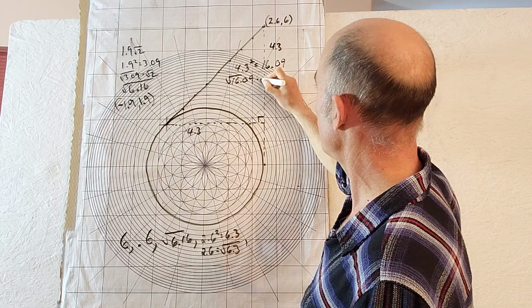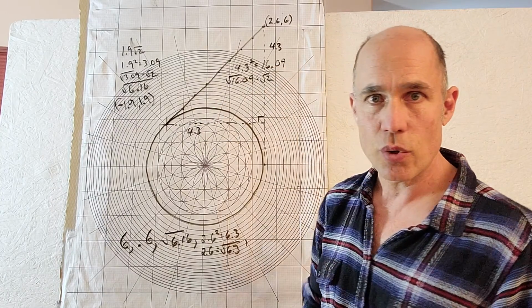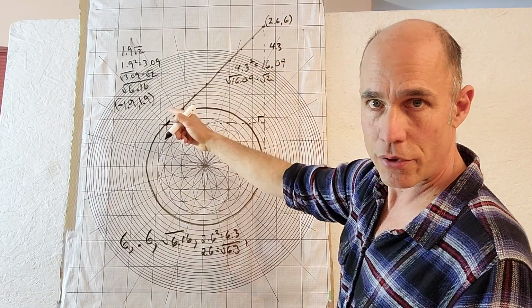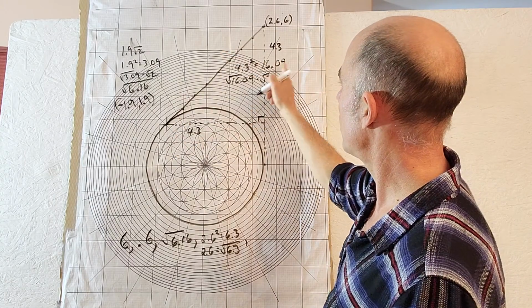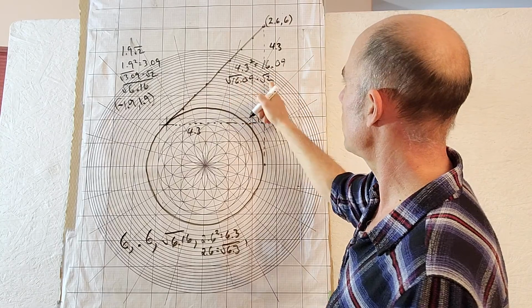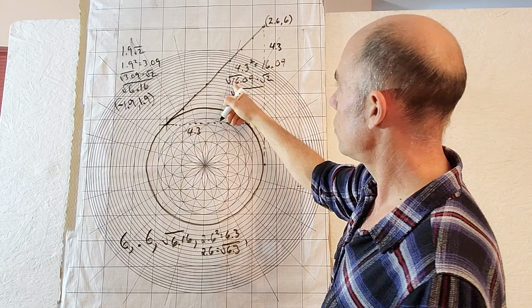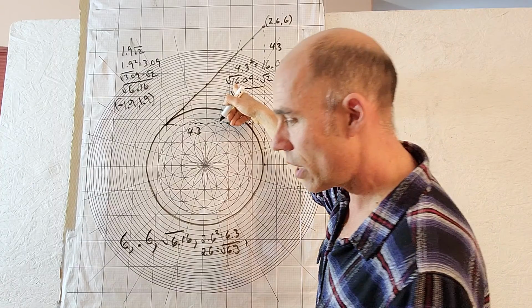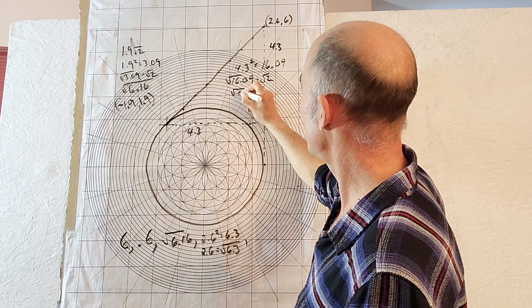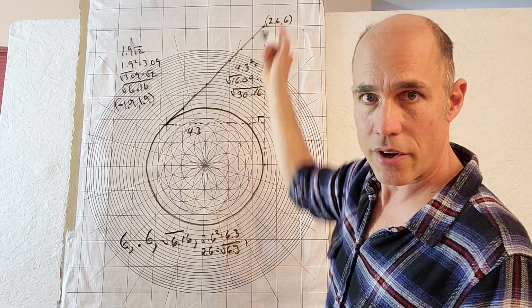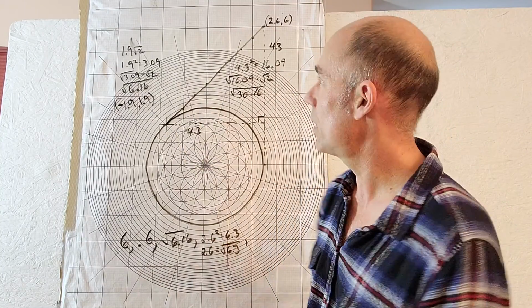So I'm going to multiply that by the square root of 2. So that length of that line is 4.3 root 2. So 4.3 squared, 16.09. This results in the length of this line being 2 times 16.09, which is 30.16. So that length there is the square root of 30.16.